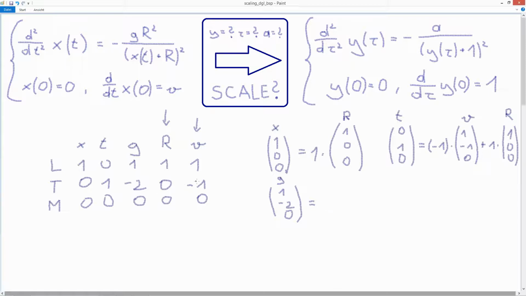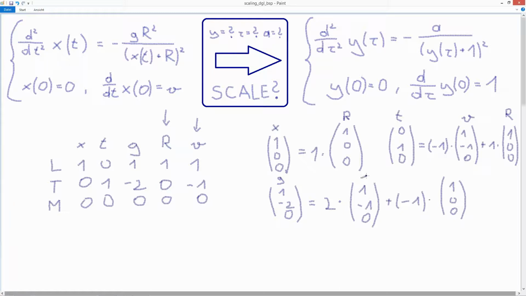And we have to write it as a linear combination of these two columns. So this is 2 times 1, minus 1, 0 plus minus 1 times 1, 0, 0.